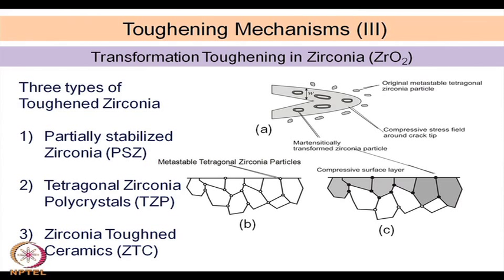That means there is no cubic phase. This is partially stabilized because you have a mixture of cubic phase as well as tetragonal phase. That is why it is called partially stabilized. Here it is stabilized, again a metastable phase because it is fully tetragonal phase. There is no sign of cubic phase.